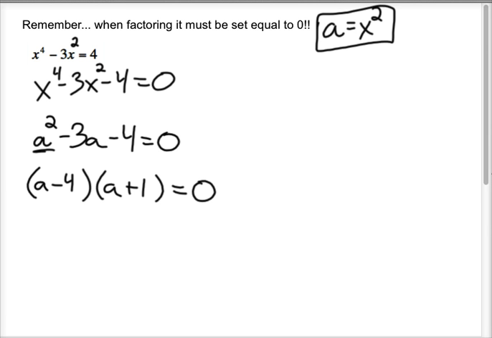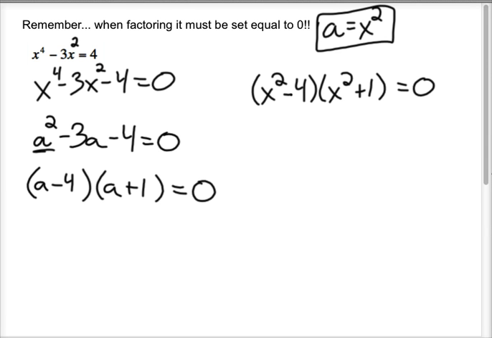All right. So now that we have this, I have to make the substitution back. We can't leave this in terms of a's. We actually have to take this back to the x squareds. So this is really x squared minus 4, x squared plus 1 equals 0.